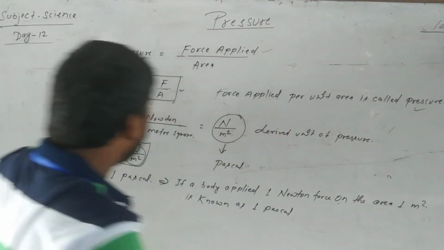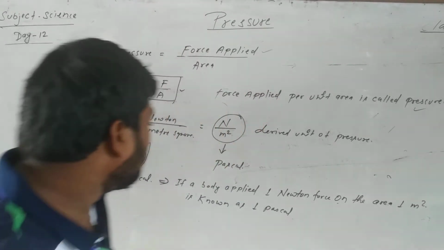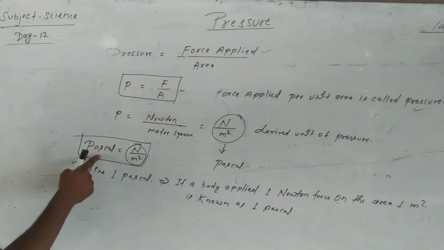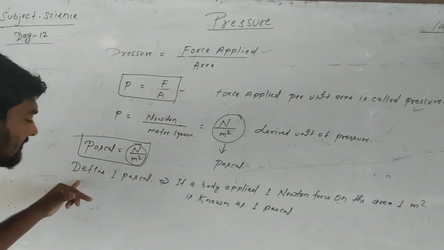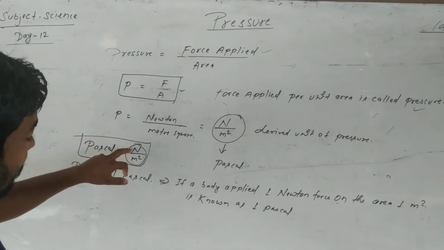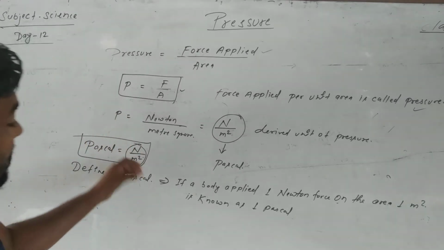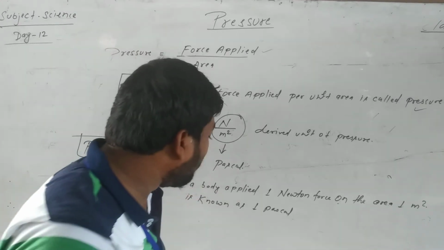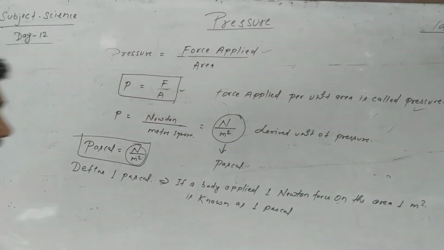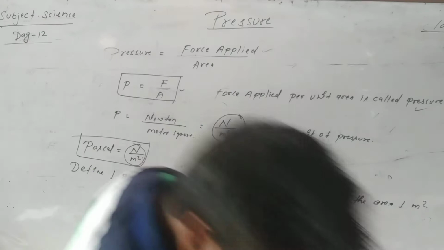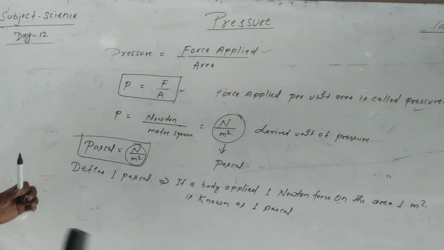And if anybody asks what is the SI unit of pressure, you can write Pascal. With the help of the derived unit, you can define 1 Pascal also. This is Newton per meter square. If anybody asks you to define 1 Pascal, you can say if a body applies 1 Newton force on an area of 1 meter square, it is known as 1 Pascal. Any confusion? Very good.